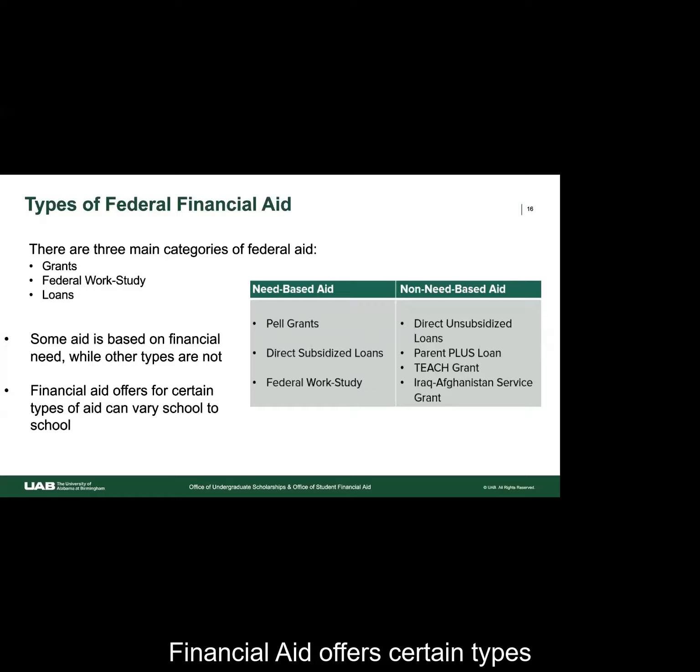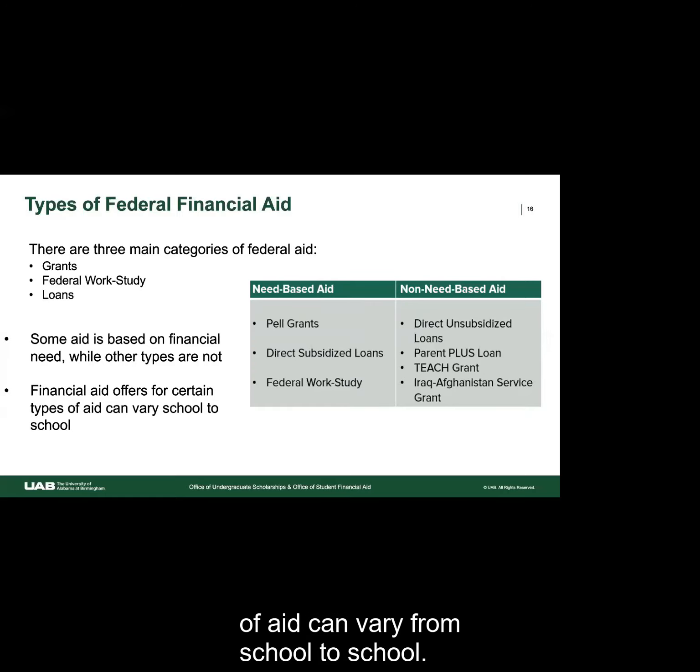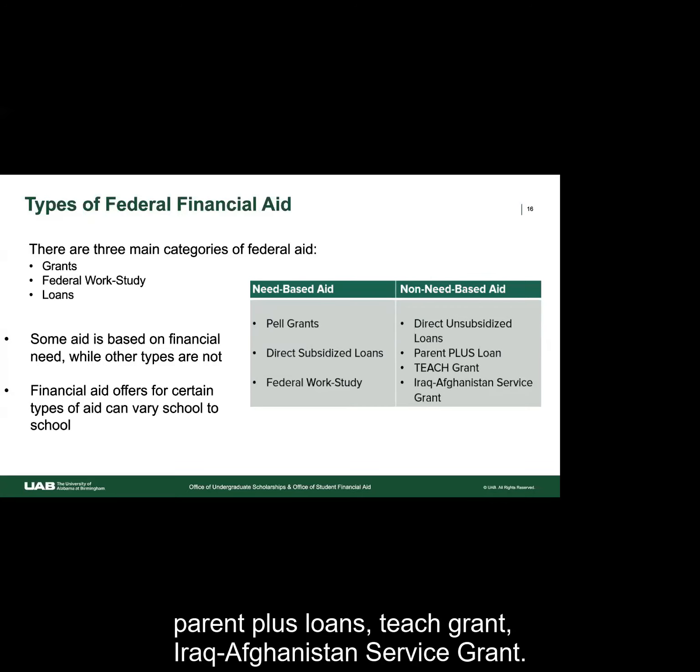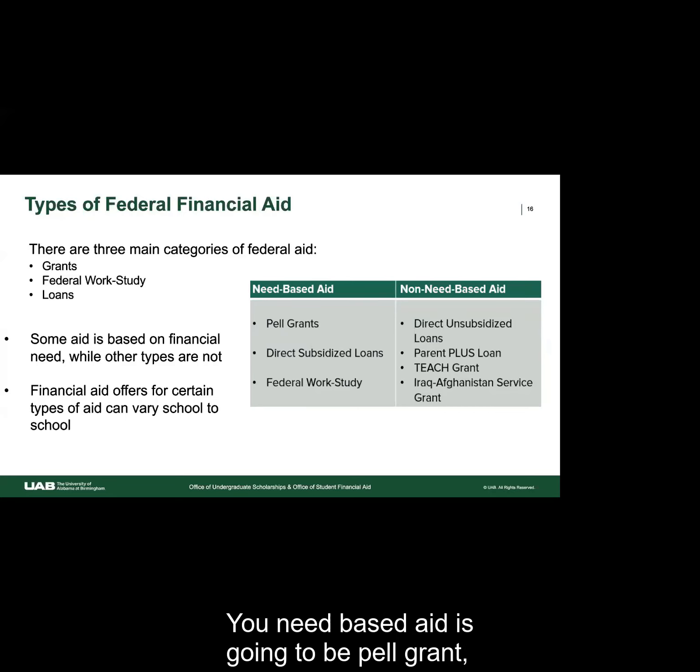Financial aid offers of certain types of aid can vary from school to school. So your non-need-based aid is going to be your Direct Unsubsidized Loans, Parent PLUS Loans, TEACH Grant, and Iraq and Afghanistan Service Grant. Your need-based aid is going to be Pell Grant, Direct Subsidized Loans, and federal work study.